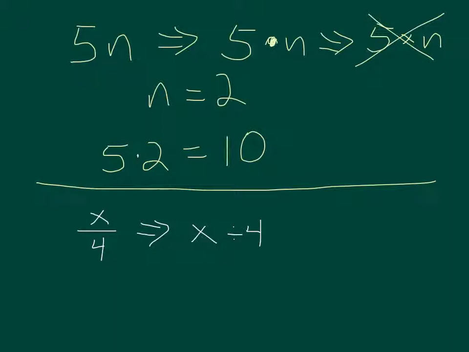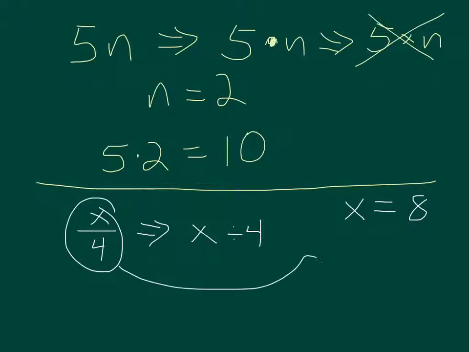And then if you wanted to evaluate that expression, if your problem in your book says let x equal 8, then you would rewrite this expression, but instead of writing x, you would substitute the x with an 8, and you would write 8 over 4, and that's really 8 divided by 4, and 8 divided by 4 is 2.